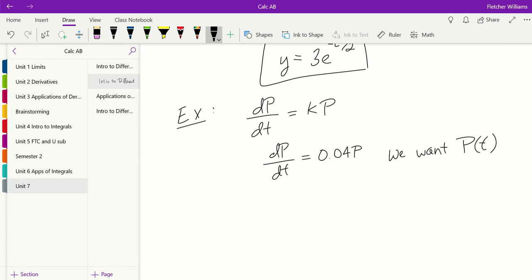Well, okay, so this is, again, just separation of variables. So we start off by bringing the P over here, bring the dt to the other side.